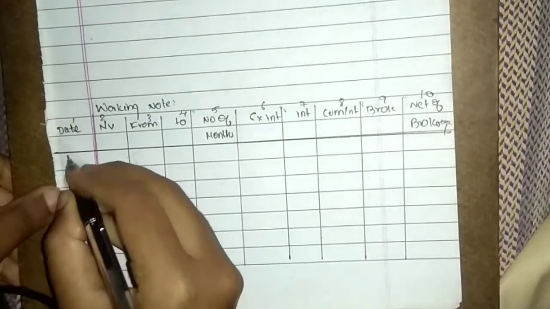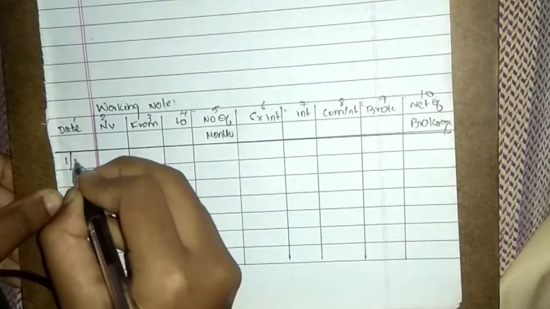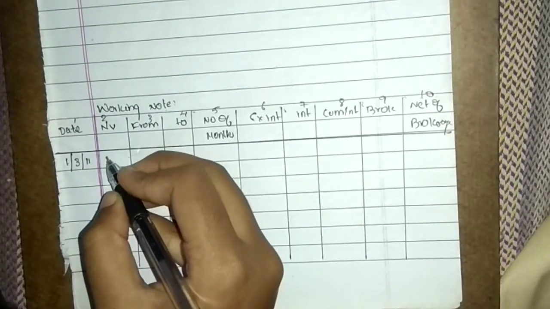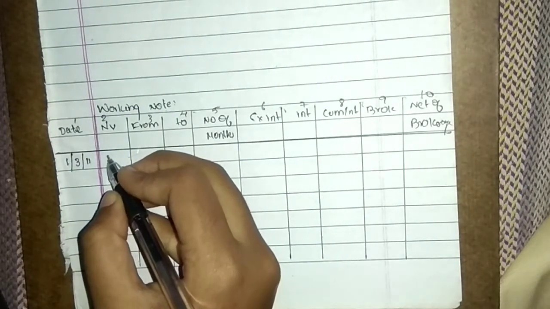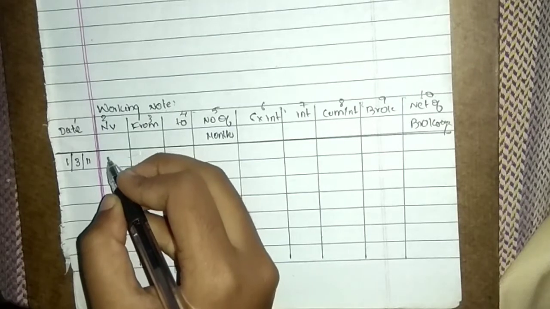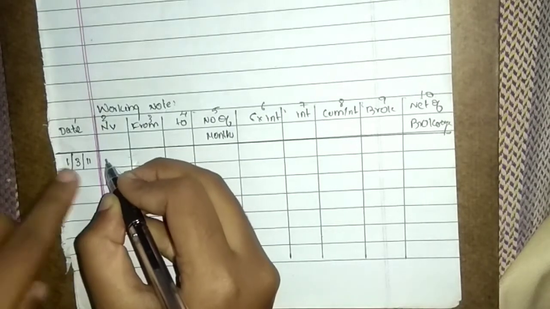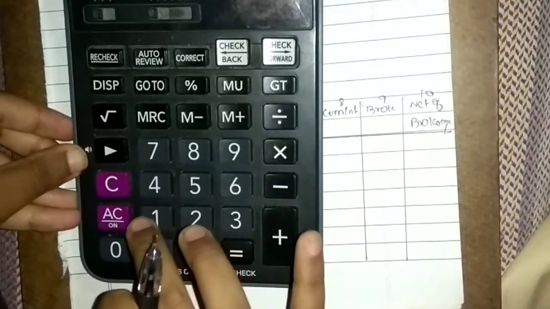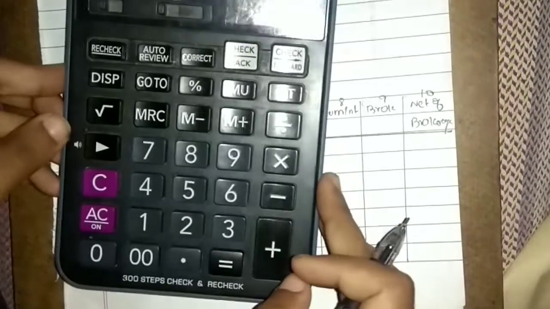We have purchased it on 1/3/2011, and how much was the face value of that? Face value of that is rupees 100. So 200 units we have purchased. So 200 into 100 will be 20,000 rupees.